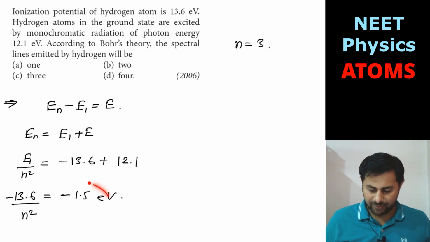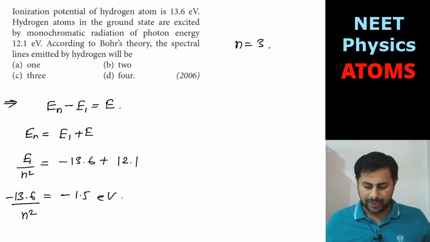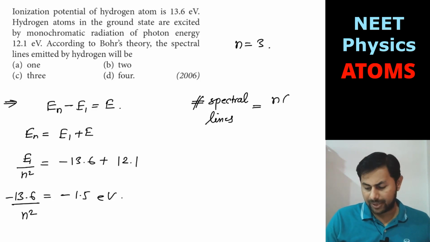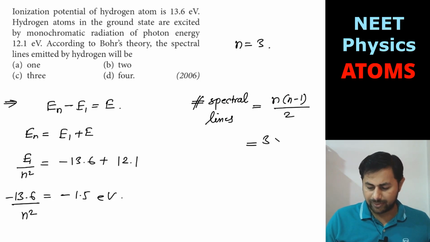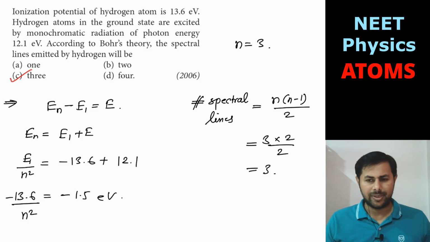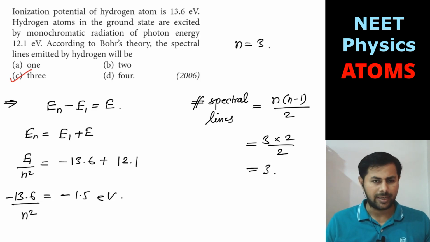And if n is equal to 3, how many spectral lines are emitted? Tell me. It's n times n minus 1 divided by 2. That is 3 times 3 minus 1, which is 2, upon 2, which means 3. So 3 spectral lines would be emitted, right? This is clear.